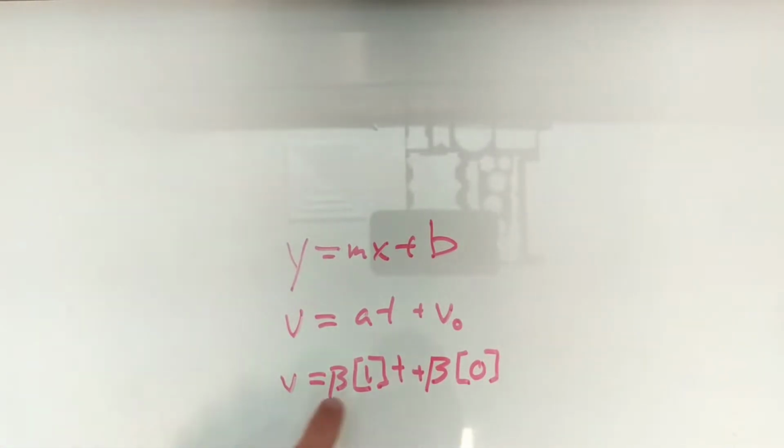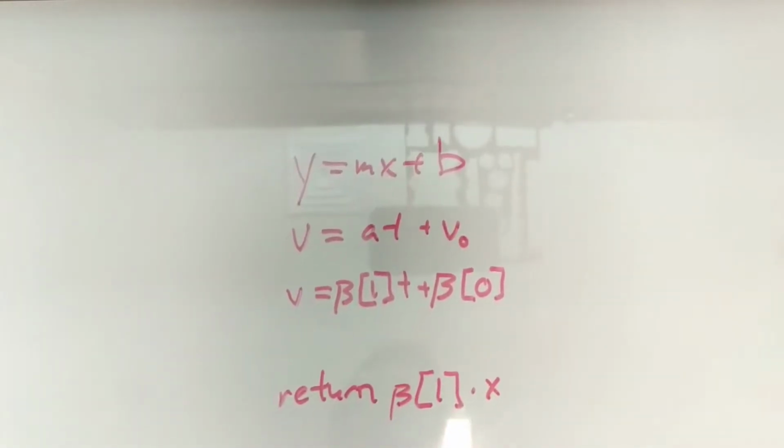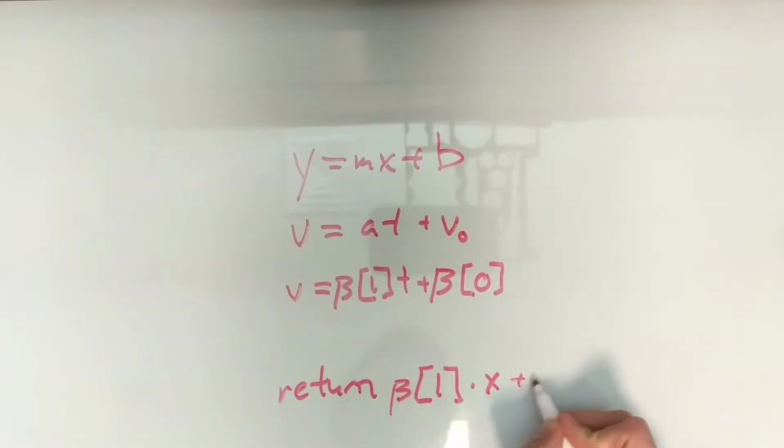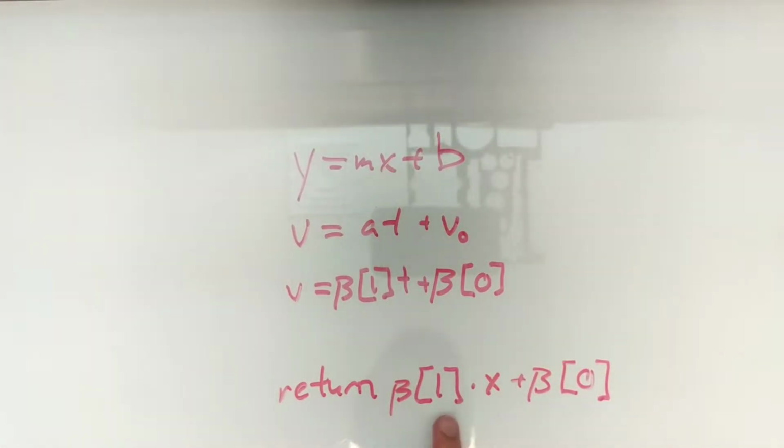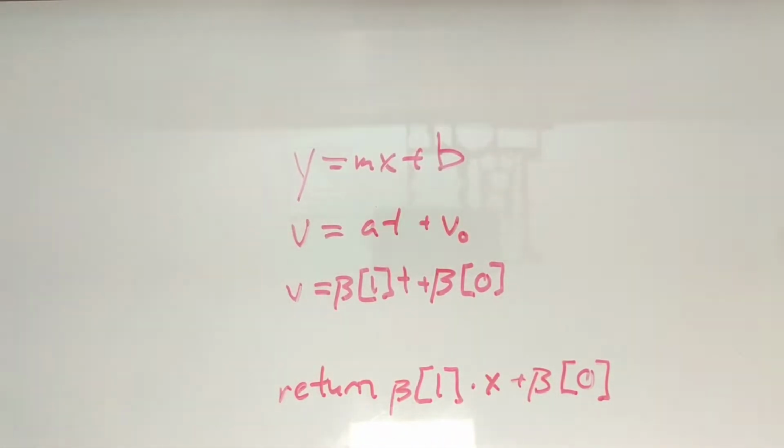And we can say v equals this beta 1, and then the t that they want us to use is the x that they give us through the function header. So return beta 1 times x plus beta at 0. So that way you have this line where you have your slope, your x, and your y-intercept, and you're going to return the y. So that's problem 2.